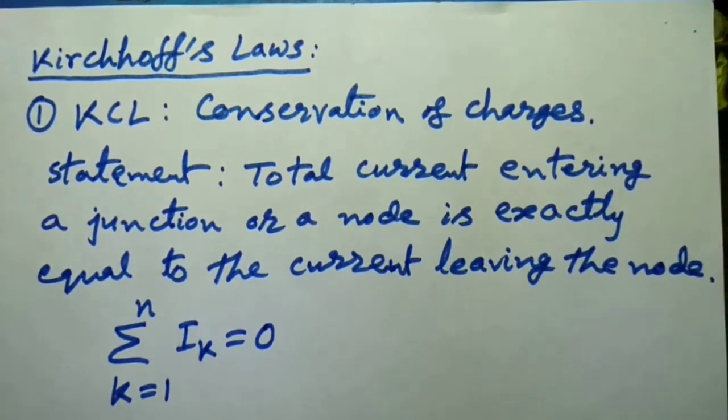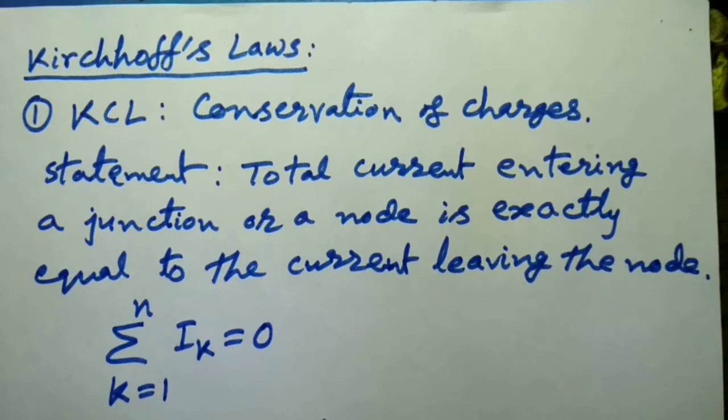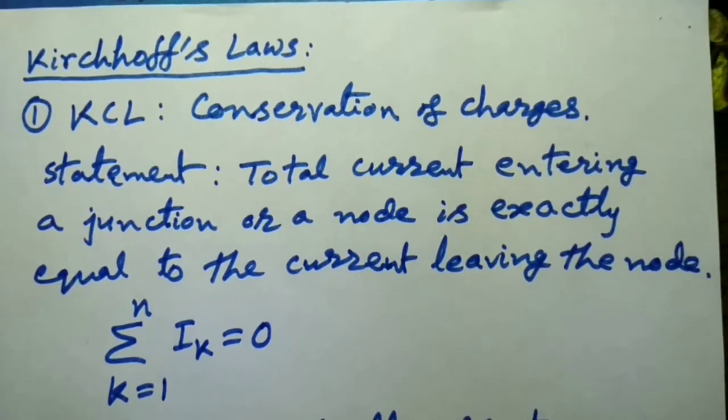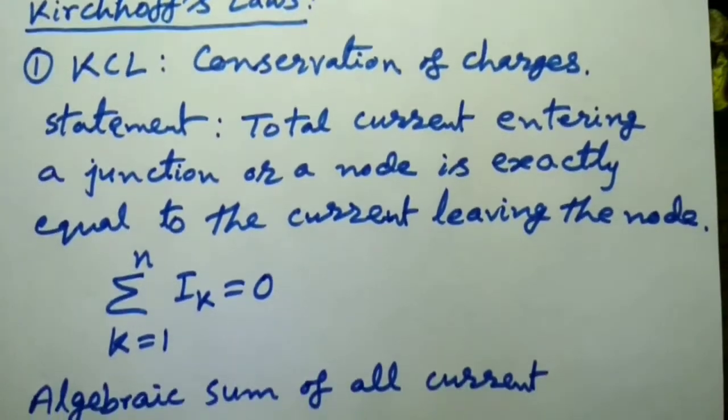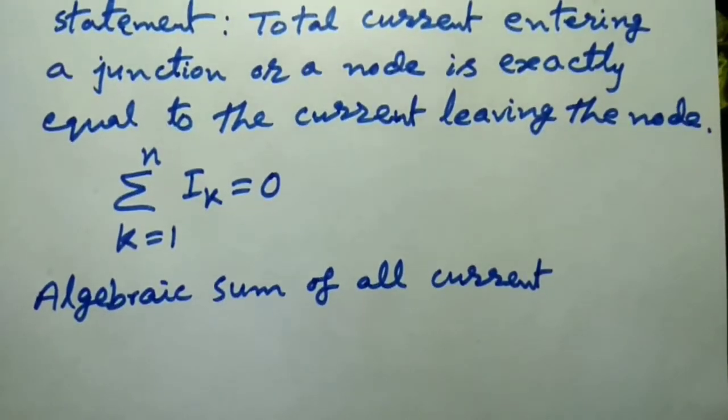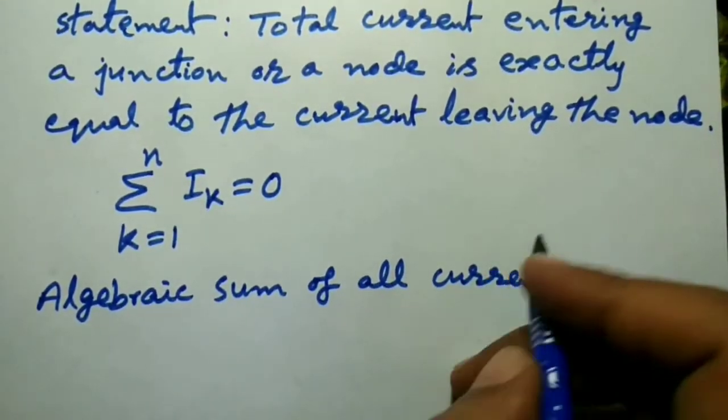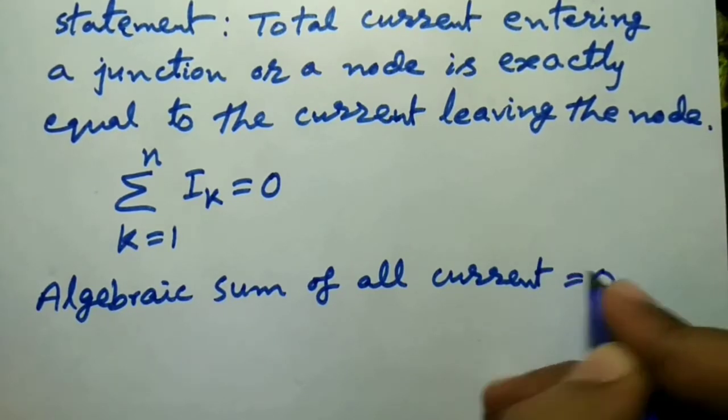So in the other format, we can write that the algebraic summation of all currents, that means entering as well as leaving the junction, should be equal to 0.